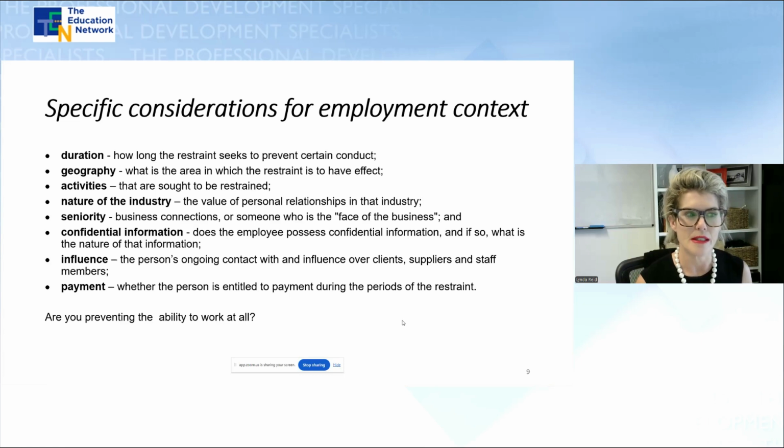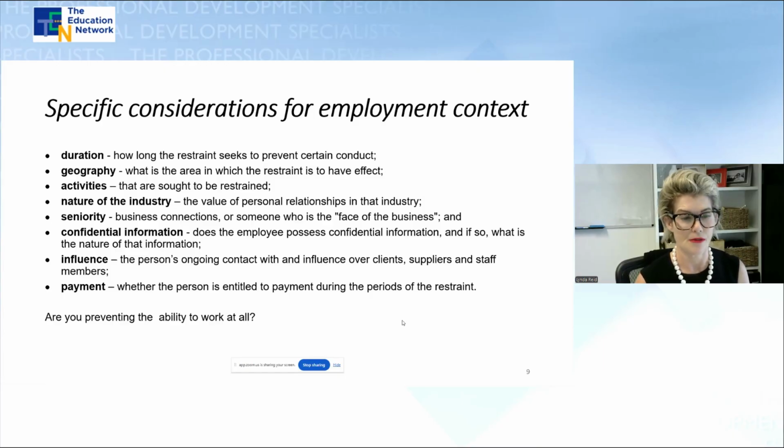The nature of the industry is also important. So the types of value that is attributed to the personal relationships in that industry. If you've got somebody who is the client coordinator for a business that relies very heavily on personal relationships, that might be a service industry is a good example.